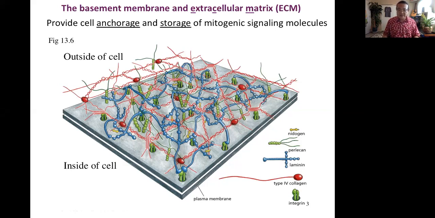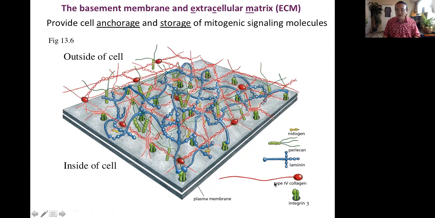So you can see here in this cartoon, we are pretending that we're zoomed in and looking at the surface of a cell. This dark gray layer would be the cell membrane. Below this would be the inside of the cell. And above it, just outside, would be this special extracellular matrix that we call the basement membrane. It's made of a combination of many long fibrous types of proteins.